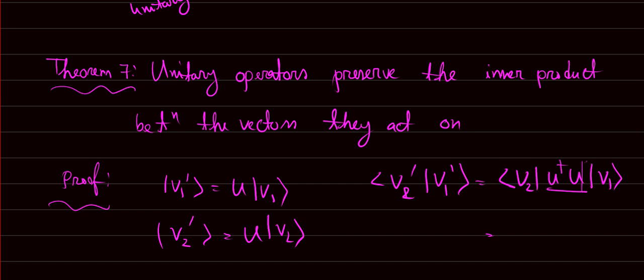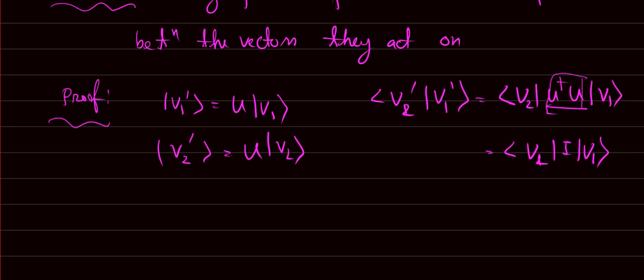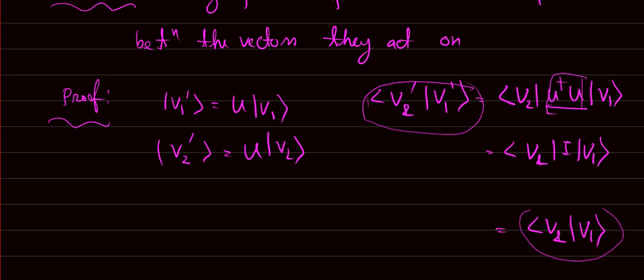As U is a unitary operator, this will give us I. So v2 into I and v1, right? I doesn't change anything, so it is v2 inner product with v1. So if we apply a unitary operator, the inner product will always be the same, it will not change.